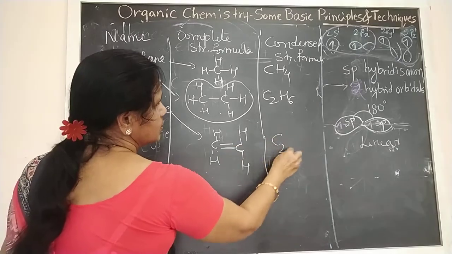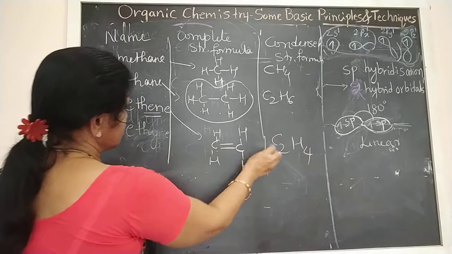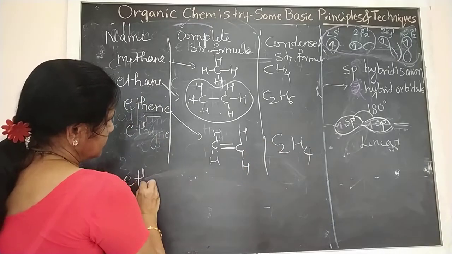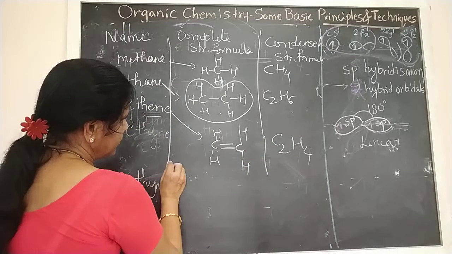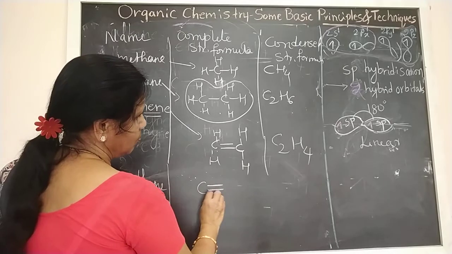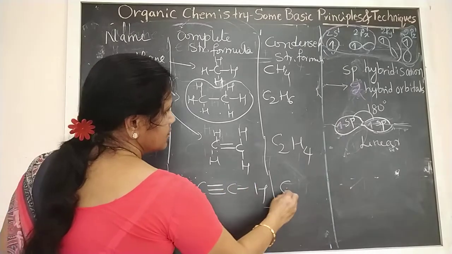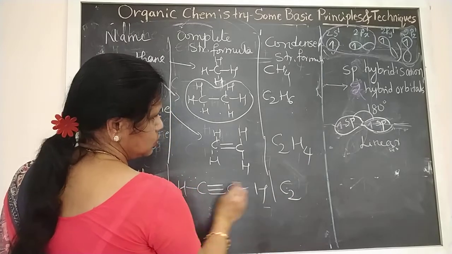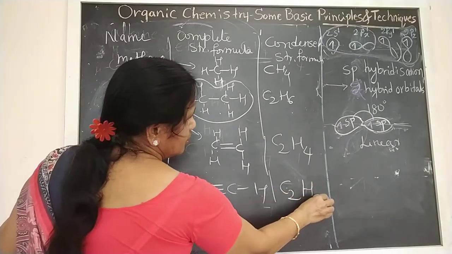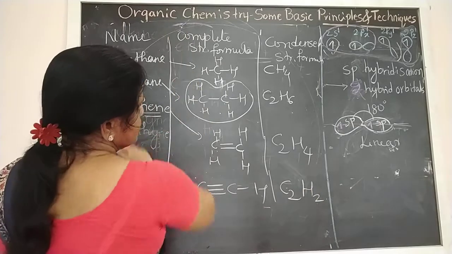Condensed, C2H4 is ethene. Then ethyne, complete formula C triple bond C with H. Condensed, 2 carbons, 2 hydrogens, C2H2. So this much you should write.